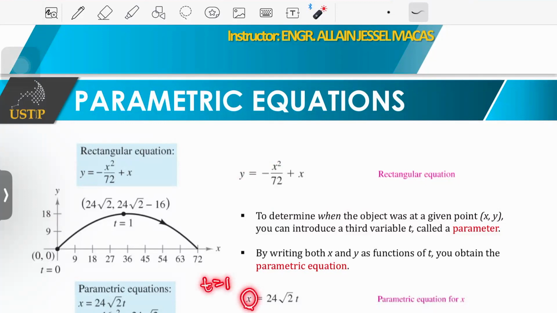And we can plot it here. And that's the same with plotting or substituting these values sa x here, and we will get the same y. Okay, so basically, we can rewrite the rectangular to parametric and then parametric to rectangular. And we will see how it's relevant in getting the derivative of our equation.